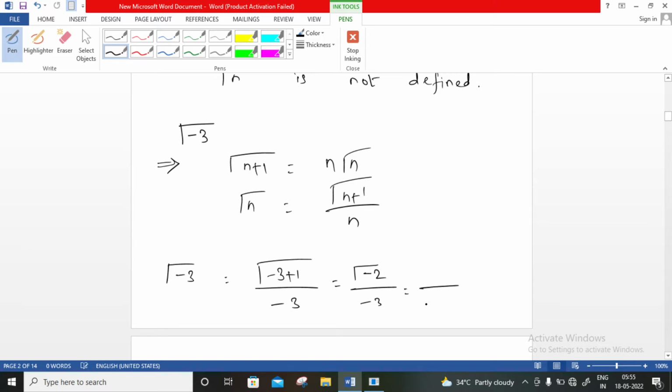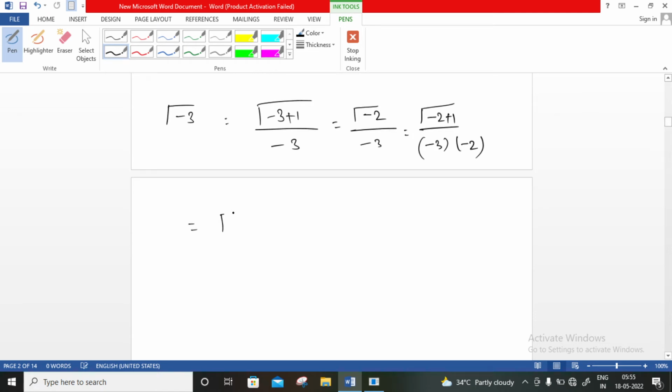Now you take the denominator as it is, and again apply this property on gamma minus 2. Here I consider n as minus 2, so gamma minus 2 is written as gamma of minus 2 plus 1 divided by minus 2. Minus 2 plus 1 is minus 1.